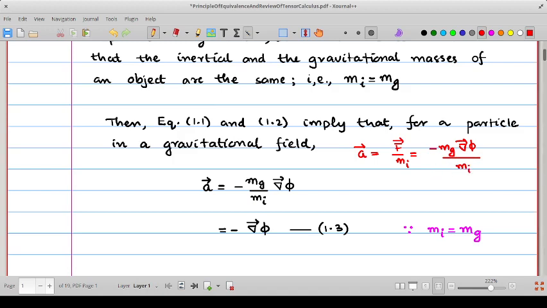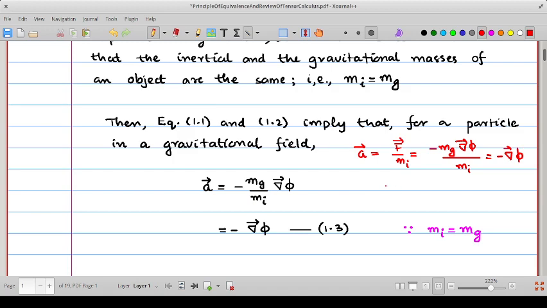Now, because of the equivalence of m_g and m_i, the acceleration of the particle is given by minus the gradient of phi. So we have a gravitational potential field phi, and the acceleration of any particle placed in that field is equal to minus the gradient of phi. This does not involve any factor of either m_i or m_g, which means any particle, irrespective of the mass, will satisfy the same equation of motion in the presence of a gravitational field only.